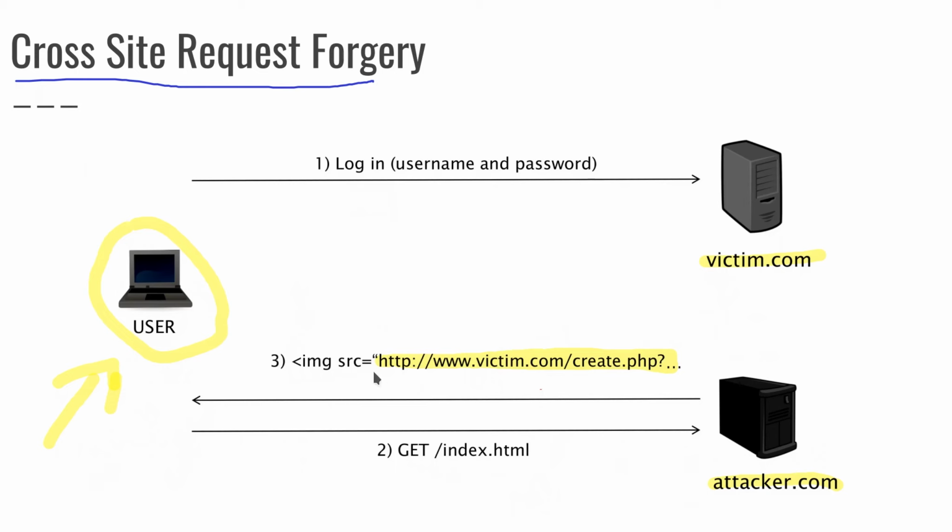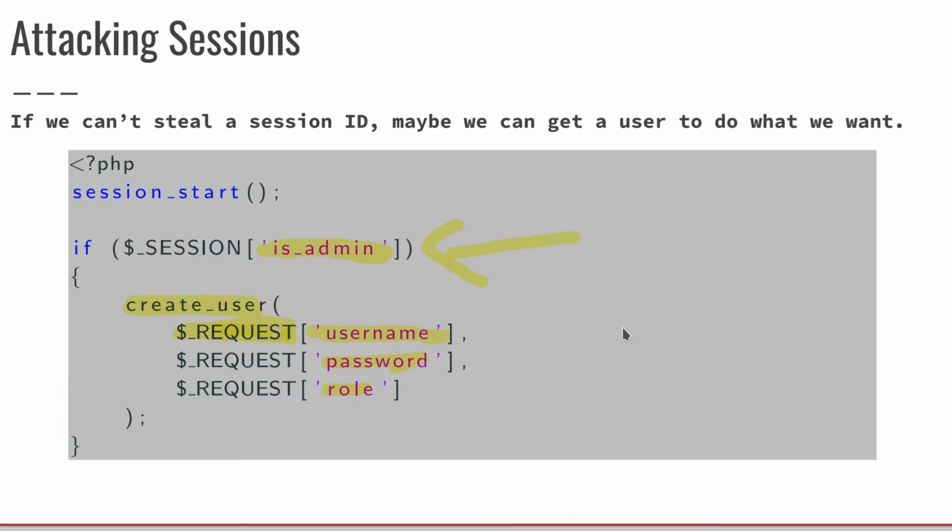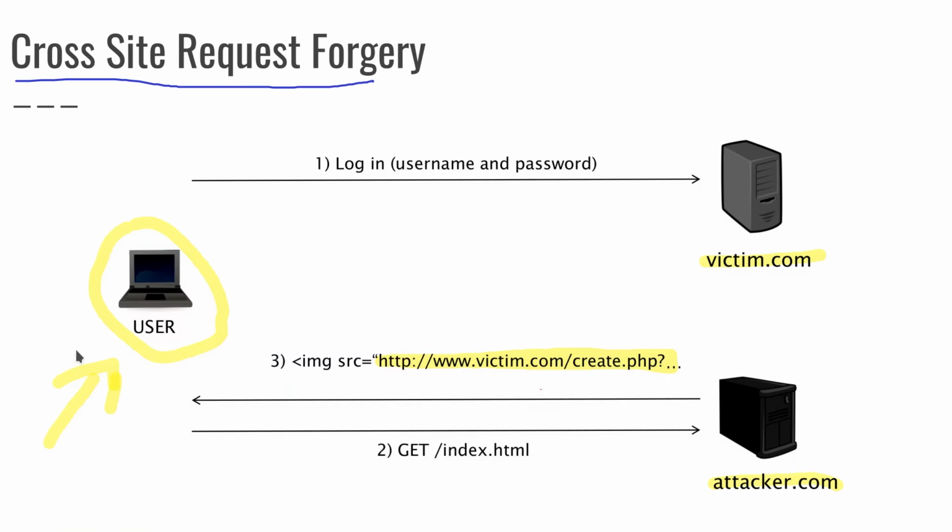And the image URL is create.php something something. And now if you imagine this script here is the create.php script, what we would do is we would create an image tag that has this URL with something that we control.